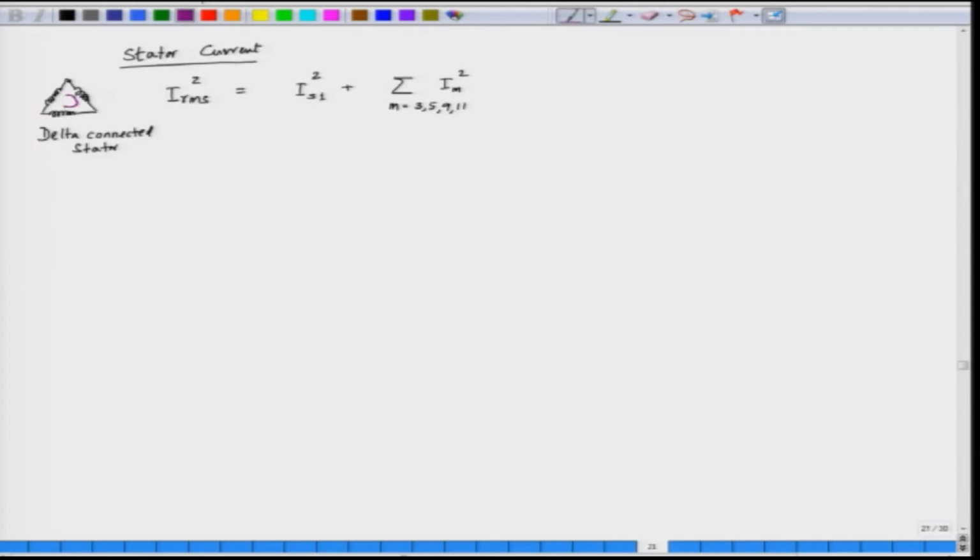This is the path of the triplen harmonic, they will circulate in delta. So, triplen harmonics can flow in a delta connected stator. We have the current which has got all possible harmonics, the third harmonic, the ninth harmonic, the 15th harmonic, and all these will also be present along with the other odd harmonics.